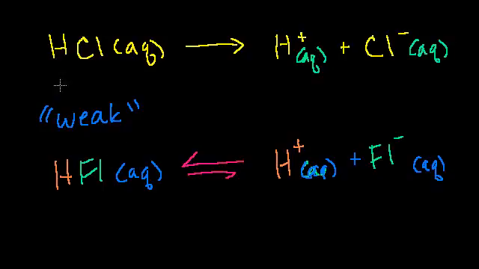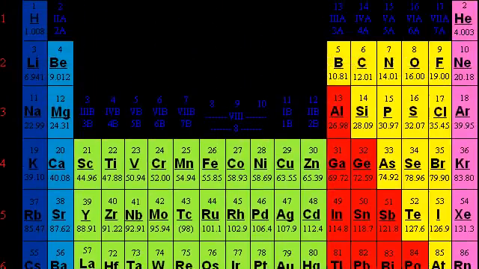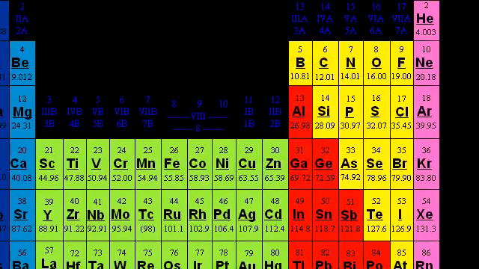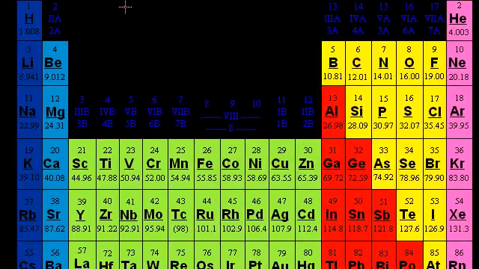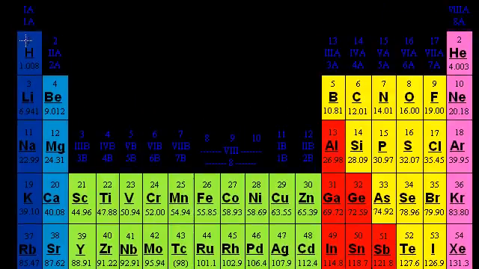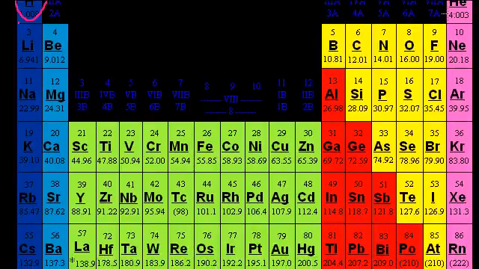And just as an aside, you might wonder, aren't fluorine and chlorine both halogens? Why is this a weak acid while this is a strong one? This is something I always used to wonder about. In general, hydrogen likes to form bonds. Remember, alkali metals, we included everything below hydrogen.